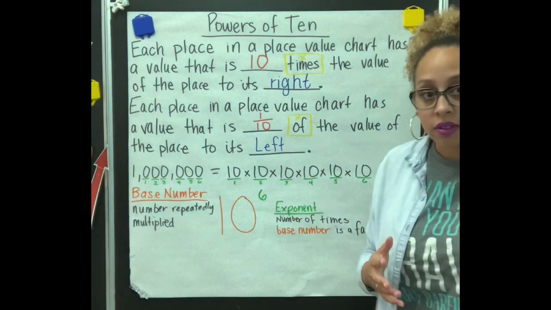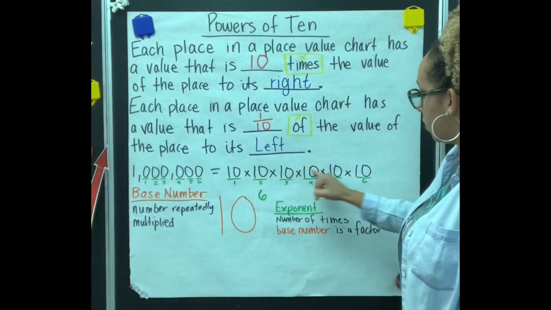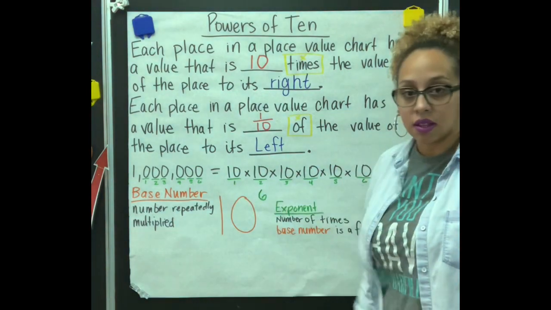Meaning it is a factor 1, 2, 3, 4, 5, 6 times in order to get this.